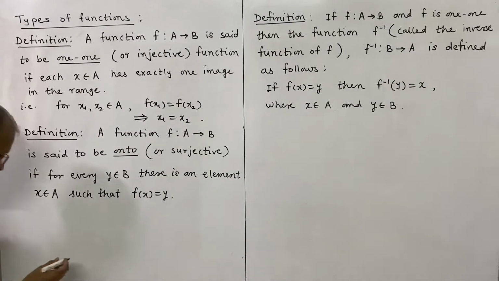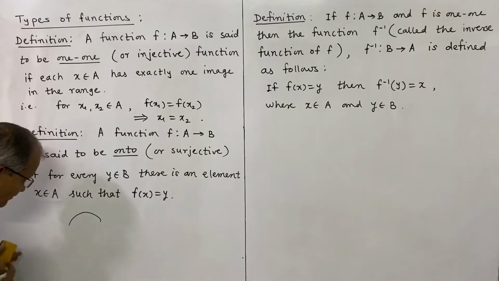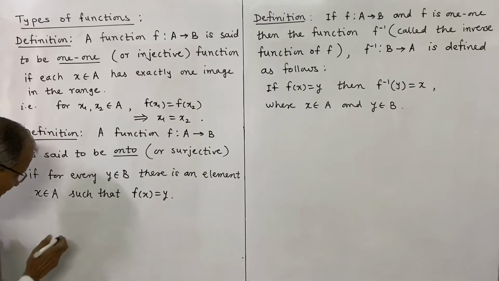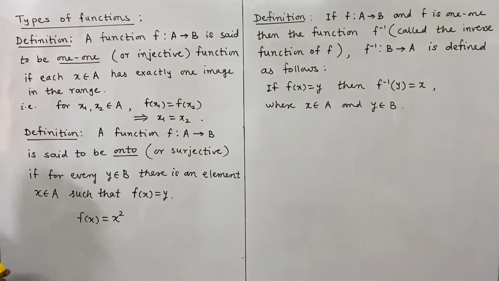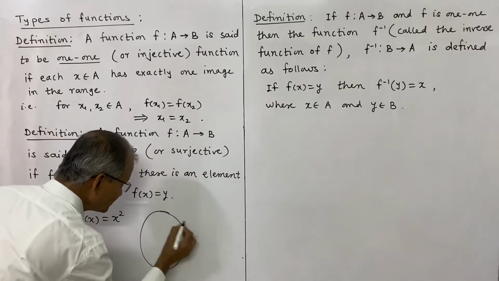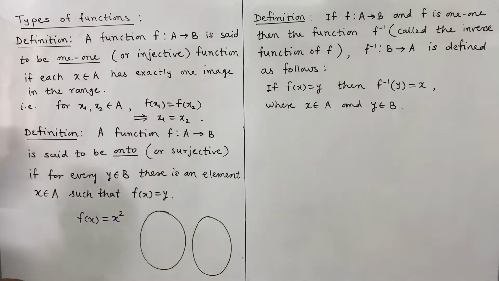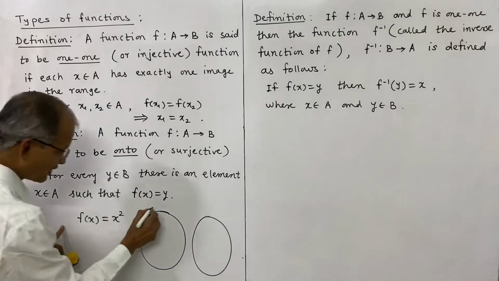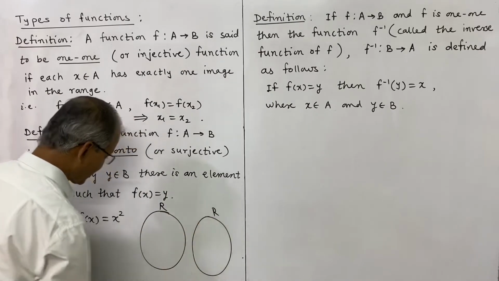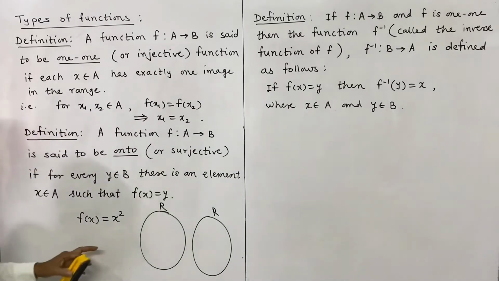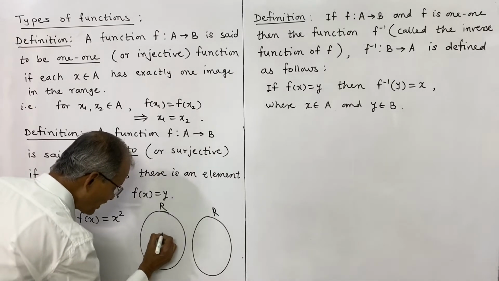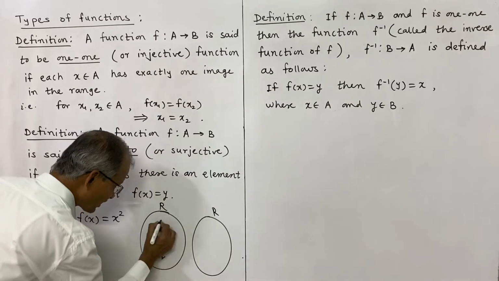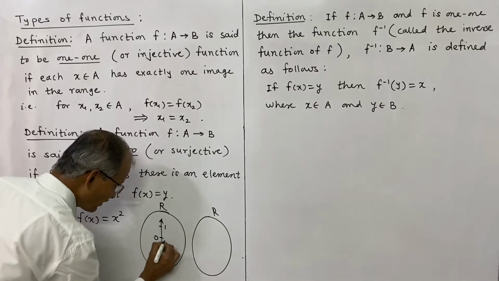So for example, if we have the function f of x is equal to x square, that function we have considered earlier, is it 1-1? Suppose A is the set of real numbers and B is also the set of real numbers, and this is the function we have seen earlier, f of x equal to x square. Here, on the real number line, we have 0, 1 and minus 1.